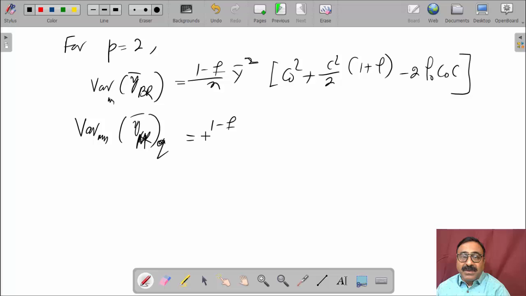will be equal to 1 minus F by N y bar square.